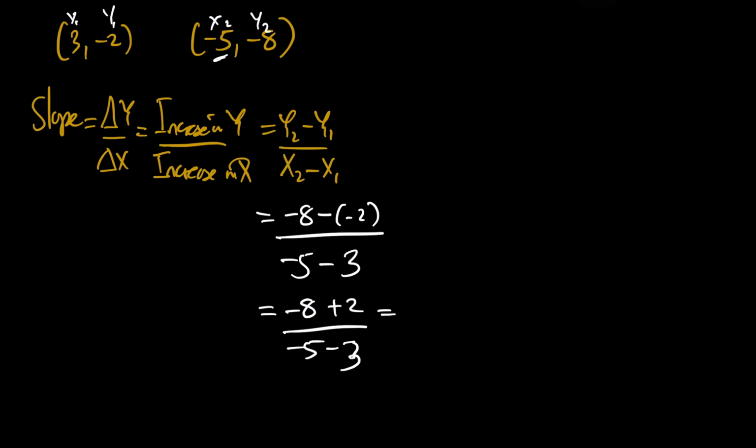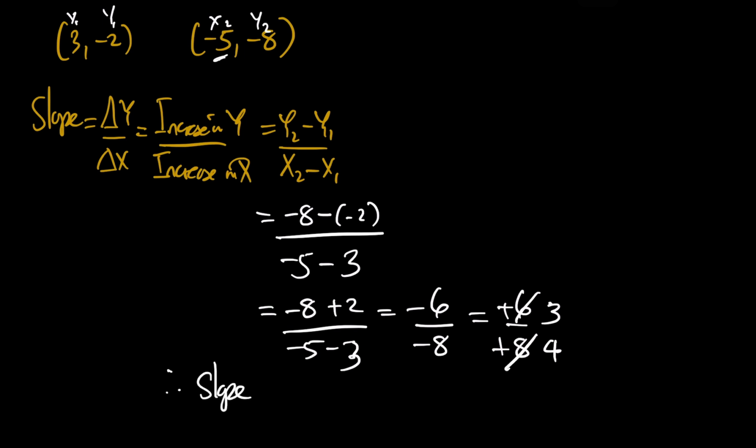And then this gives us negative 6 over negative 8. These negative values will cancel out. The common factor between 6 and 8 is 2. So 2 multiplied by 3 gives you the 6, and 2 multiplied by 4 gives you the 8. Therefore, the slope between the 2 points is 3 over 4.